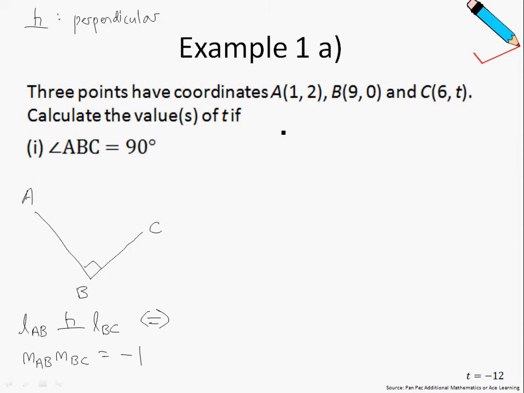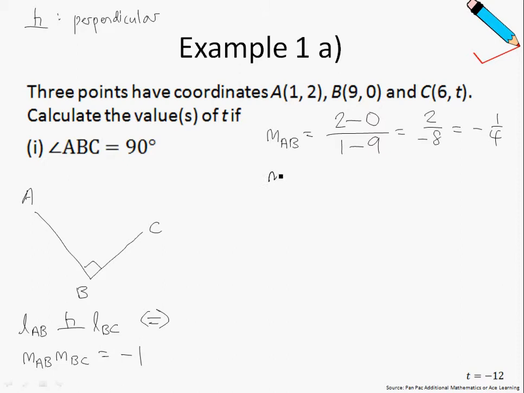Let us proceed to work out the gradient of AB. Recall your gradient formula: the y coordinate of A minus the y coordinate of B over the x coordinate of A minus the x coordinate of B. Simplifying this, I'll have 2 over -8, which is just -1/4.